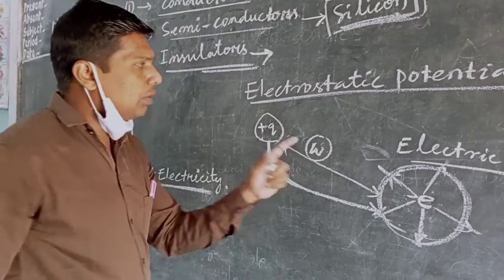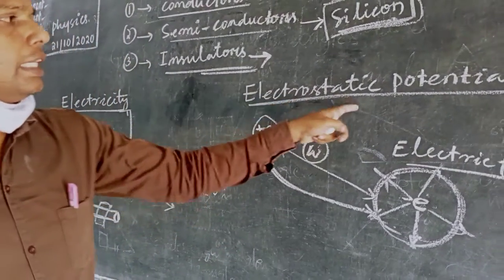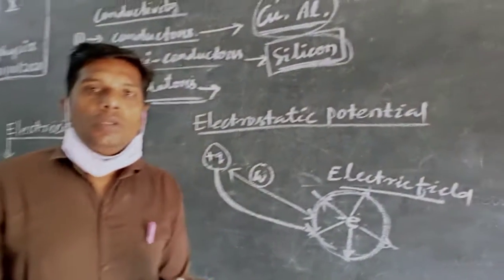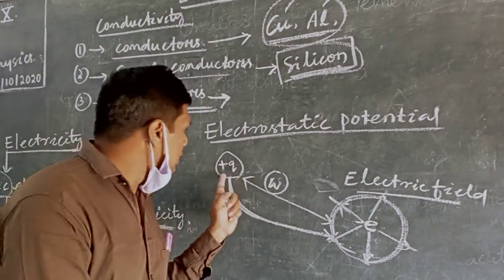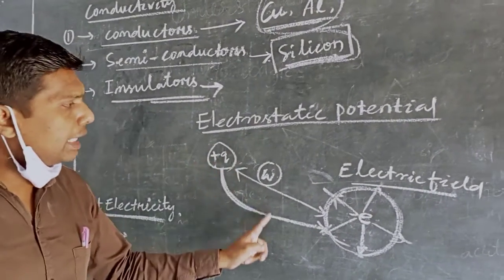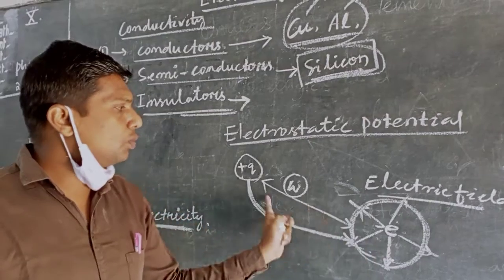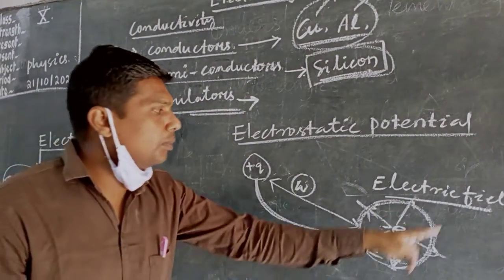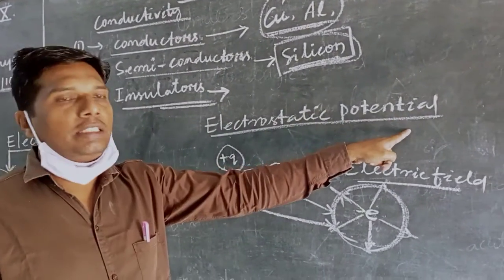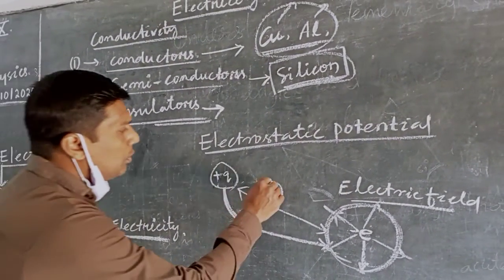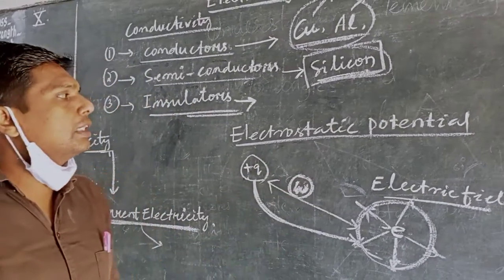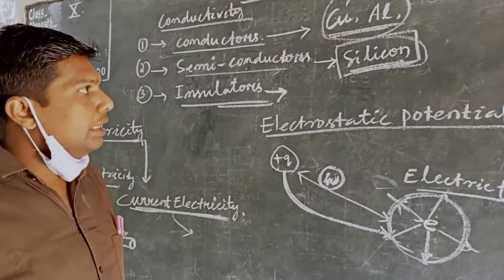This work is known as electrostatic potential. That means the work done to move a unit positive charge from an infinite position to a certain electric field of some other charge is known as electrostatic potential.